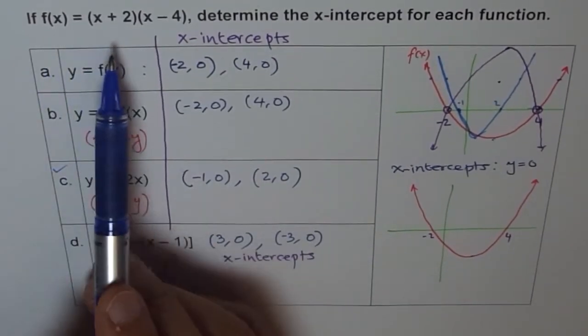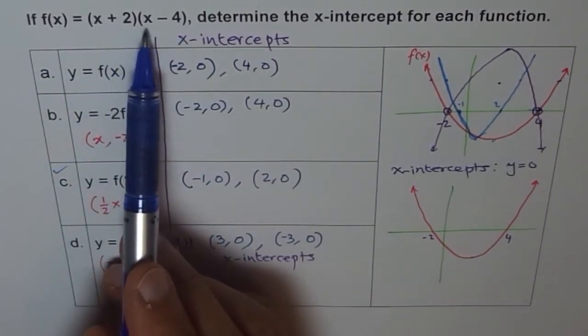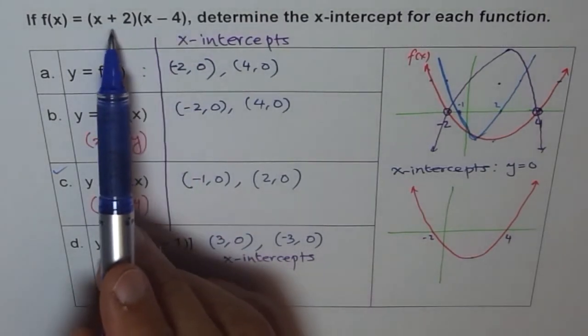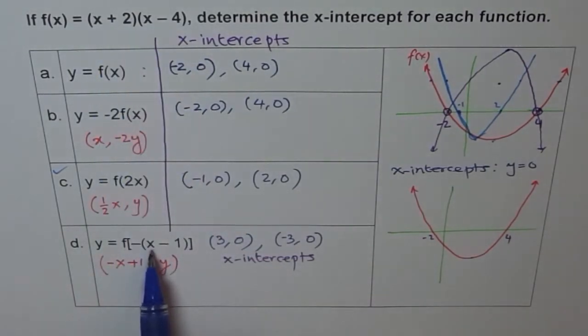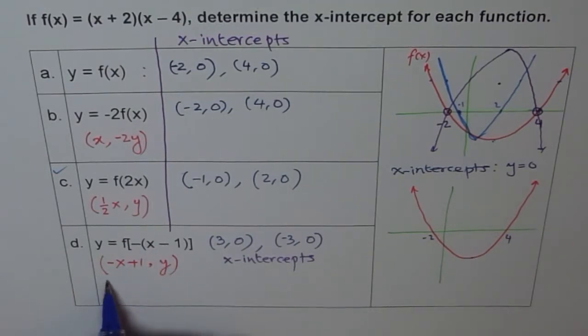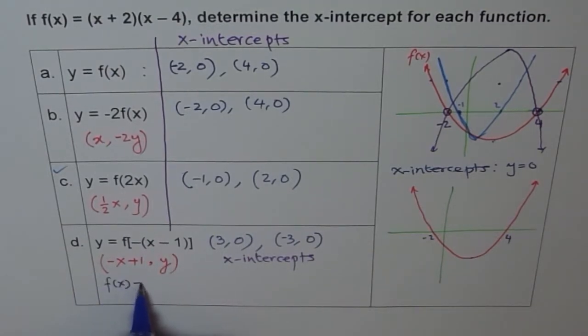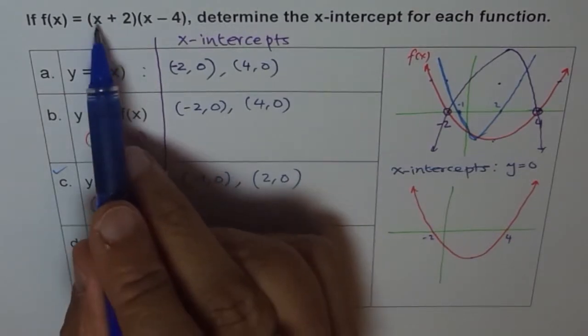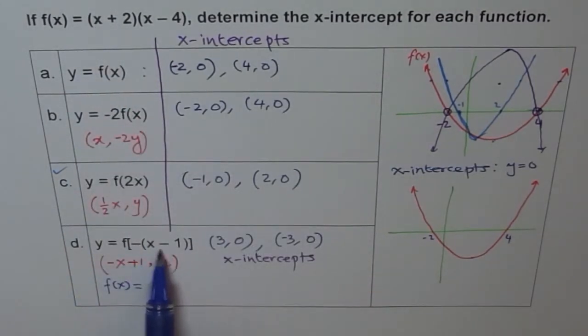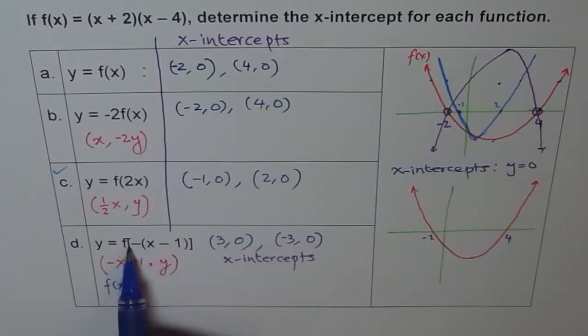In f of x, I have a function x plus 2 times x minus 4. I'll rewrite this function with this transformation. Does it make sense to you? Let's try. So, f of x is equal to, I'll replace this x with, what is this? Minus x plus 1. Do you see?